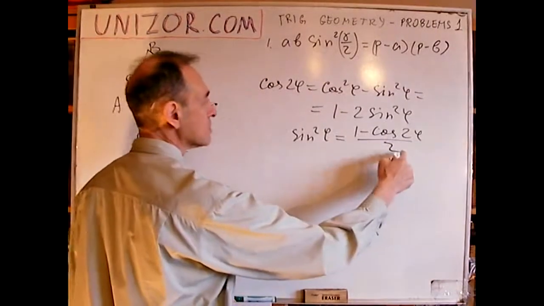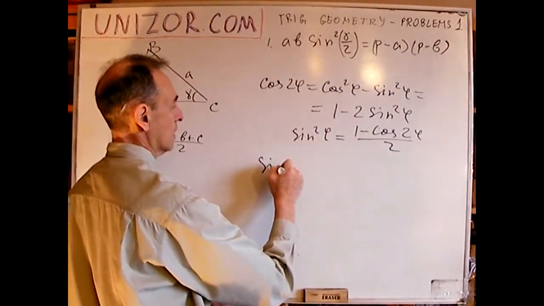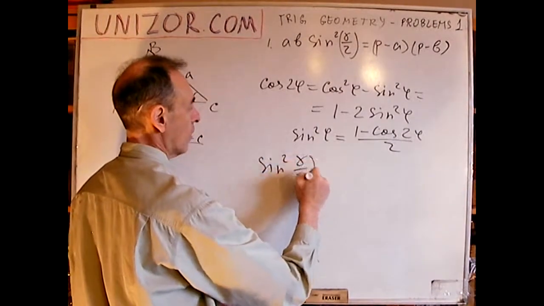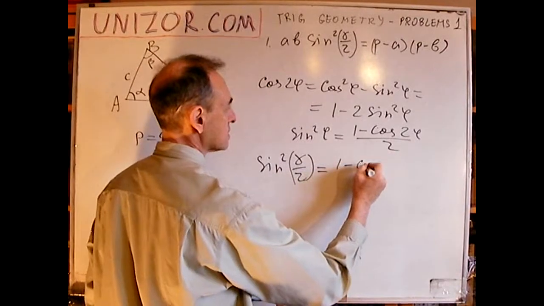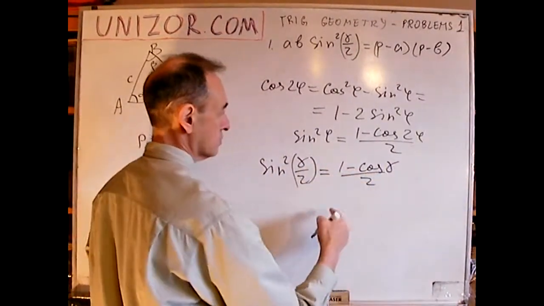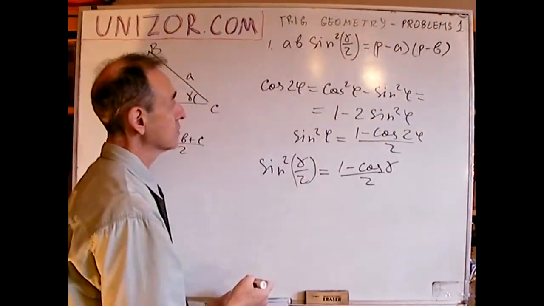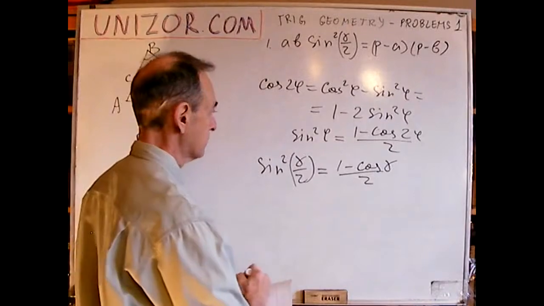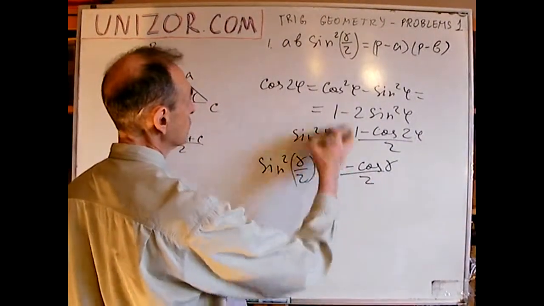So I'm going to use this formula to convert sine square of gamma over 2. Now phi is gamma over 2, so it's 1 minus cosine of double angle, which is gamma, over 2. That's something which looks much simpler, right? So I will substitute it over there and see what happens. So 1 minus cosine gamma over 2 instead of this.